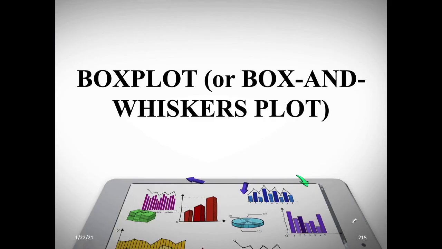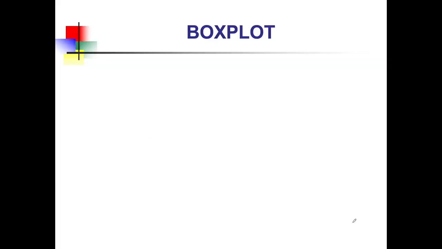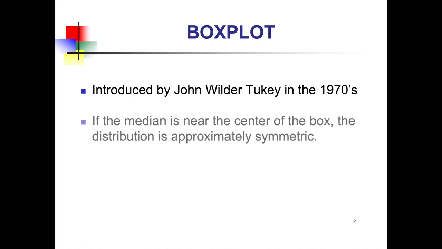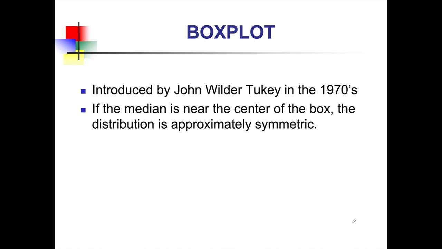Now, let's proceed with the box plot or the Box-and-Whiskers plot. By definition, the box plot was introduced by John Wilder Tukey in the 1970s. If the median is near the center of the box, the distribution is approximately symmetric. If you can still recall, the median is equal to the value of quartile 2, at the center of the distribution.